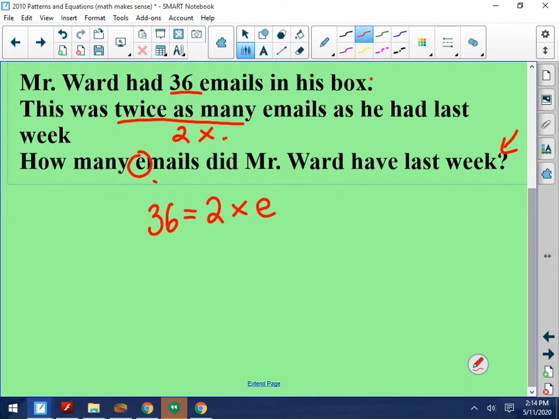Or I could also say 2 times my emails from last week equals 36. Now 2 times what is 36? Well, 2 times 18. The emails I received last week were 18. Okay, that's a hard one.